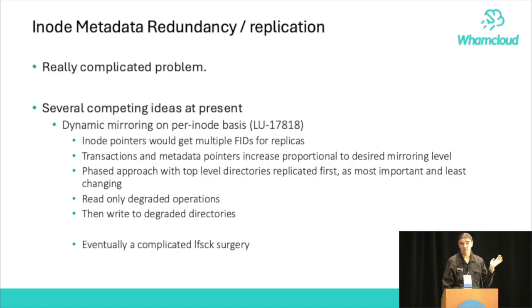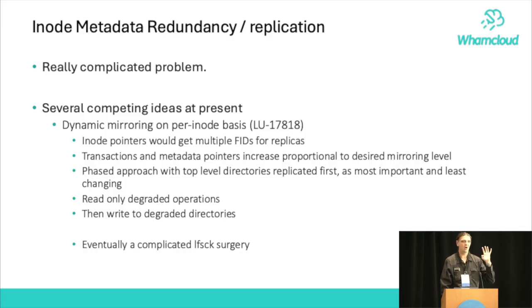So recently LUG came up with this other idea that you could get the HLD for at this link. Basically, the idea is a greatly simplified approach where there is fixed mirroring at the file system creation or mirror initiation time.